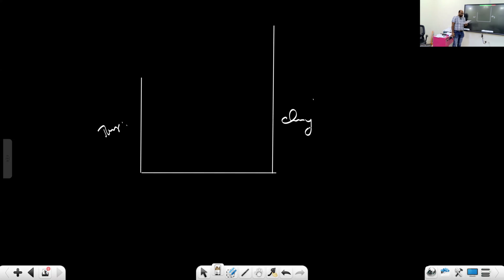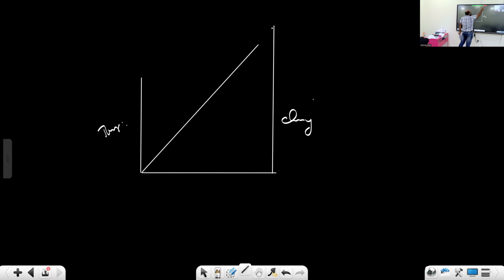Read the question. The angle of elevation of the top of a chimney from the foot of the tower. From the foot of the tower to the top of the chimney is given 60 degree. This angle is 60 degree.